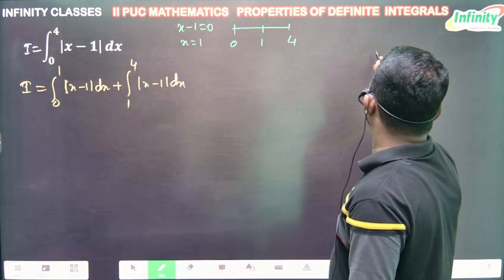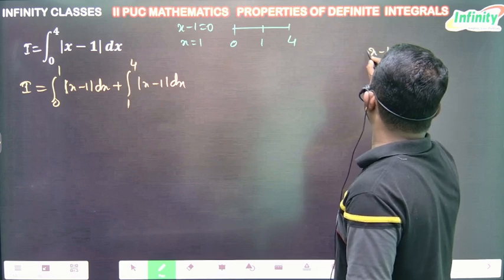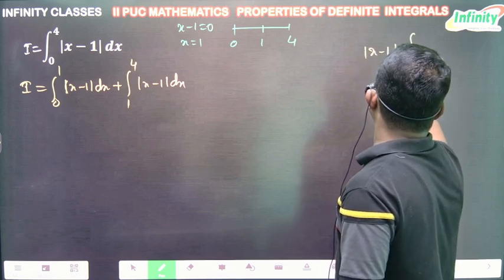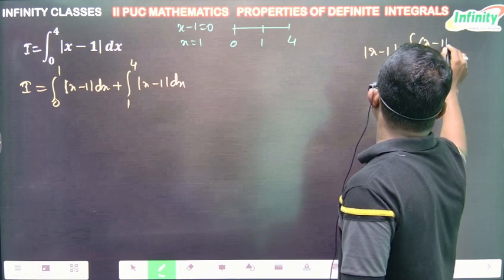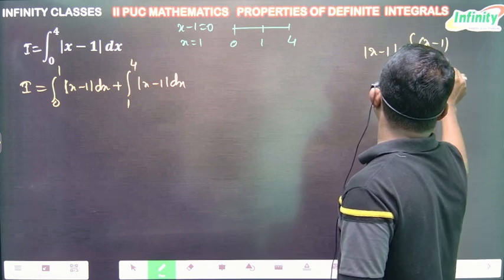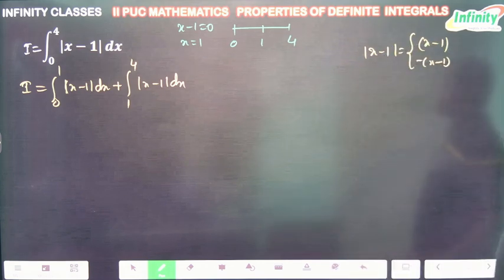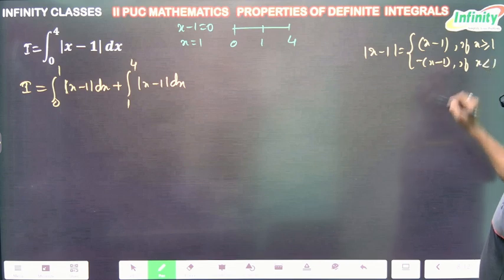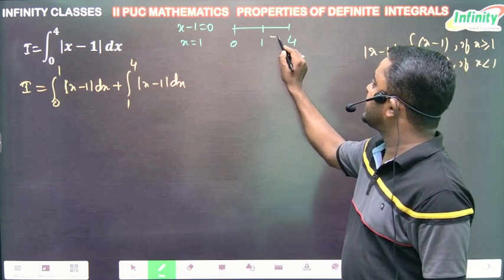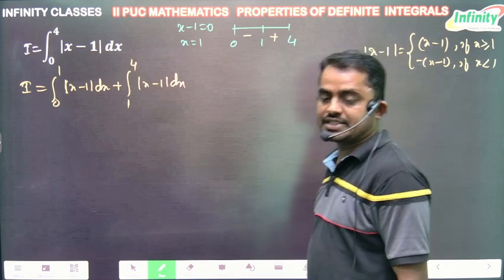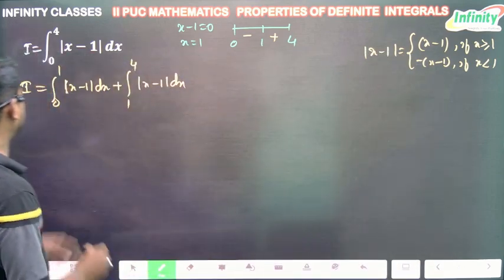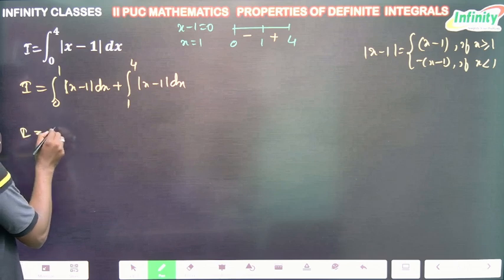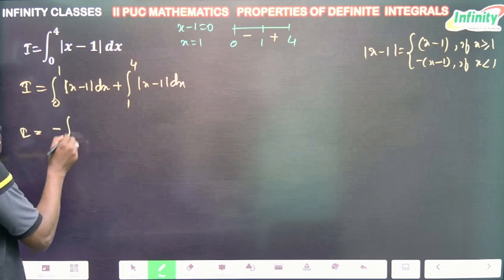So here x minus 1 is positive, and here it is negative. This is the modulus function definition we are applying: if x is greater than or equal to 1, if x is less than 1. Greater than or equal to 1 means positive, here it is negative.